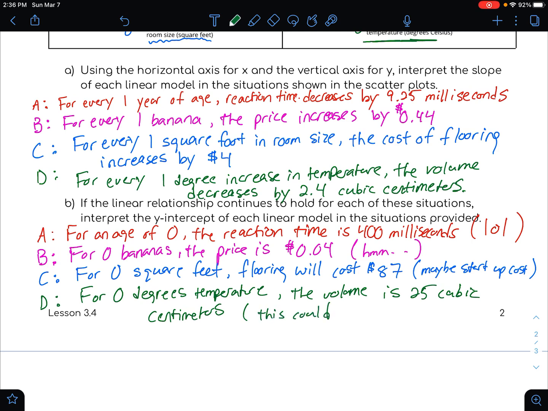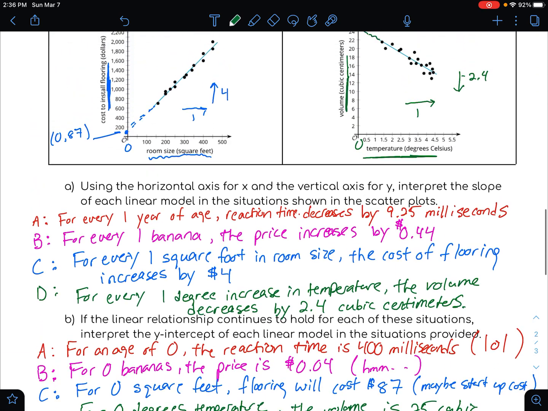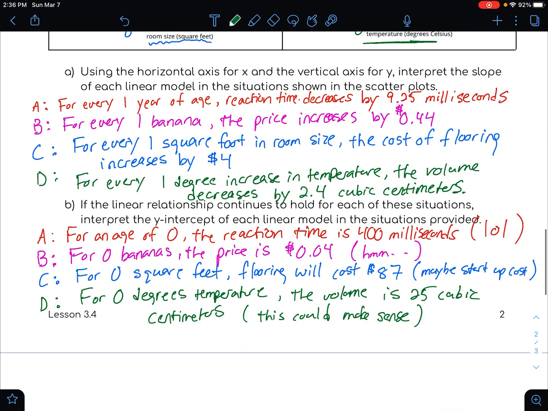Now this could make sense, because you can definitely have 0 degrees Celsius. In fact, that's 32 degrees Fahrenheit, right? 0 degrees Celsius is the freezing point of water, and in Fahrenheit, that's 32 degrees. So you definitely could have a volume of whatever we're measuring here. We're not quite sure what's being measured; we're not told that.